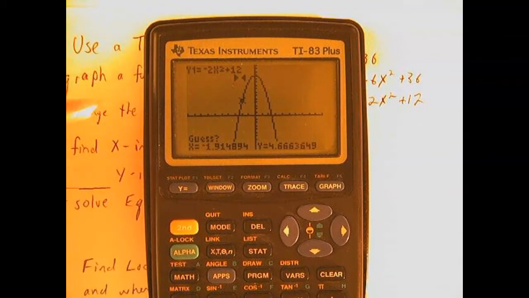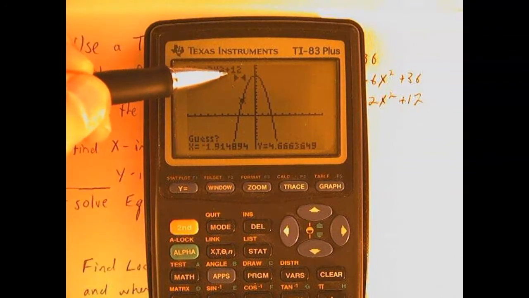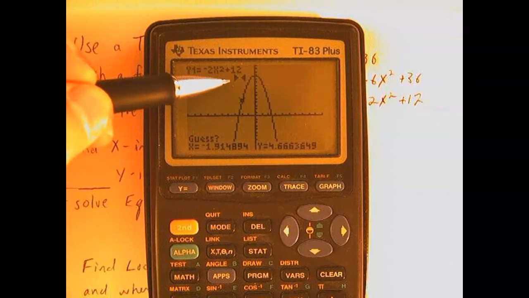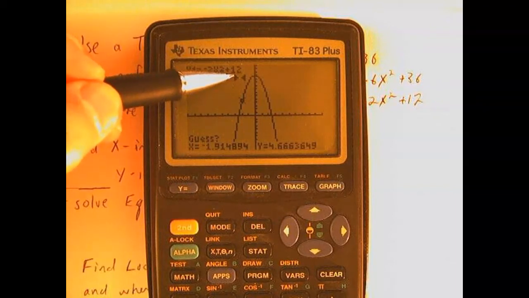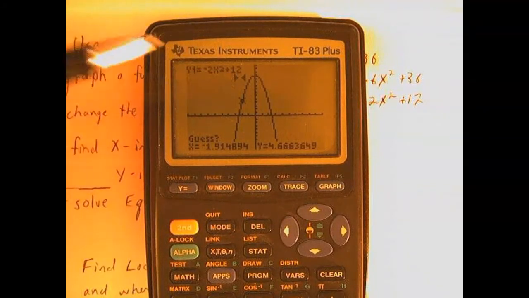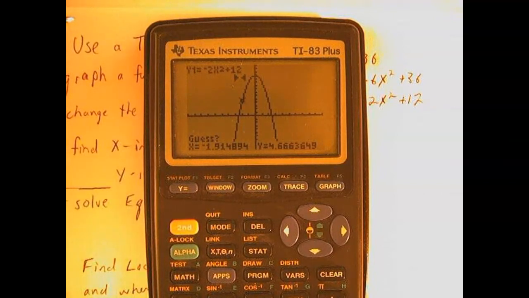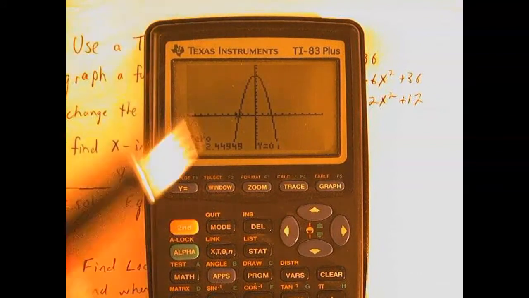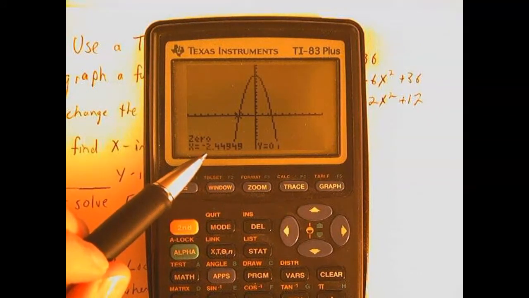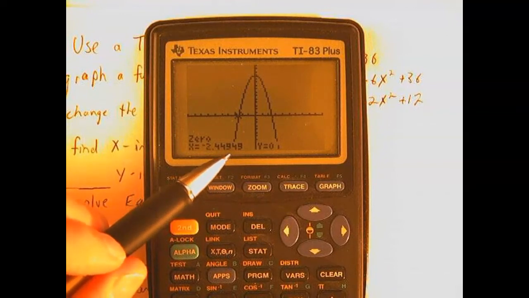I understand what I'm being the calculator again. It's saying, I understand what you want. You want to find an x-intercept between these two bounds. So hit enter and I'll tell you. So that's all you got to do is hit enter. And there you have the x-intercept to a few decimal places.